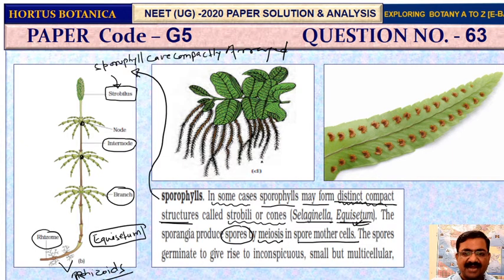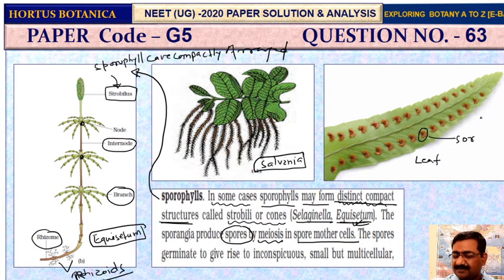See, this is the diagram of Salvinia. This is also a pteridophyte, a homosporous pteridophyte, and I showed you this diagram to understand that this is the leaf, and see how the leaves are bearing these very beautiful sori. Many sori are there; single is sorus and plural is sori. So I am talking about a single one. This sorus will contain spore mother cells that bear spores after reduction division.